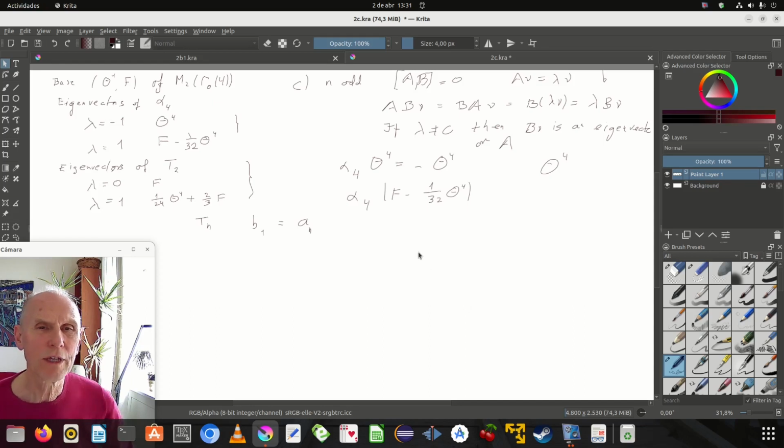We could use the end of the section where they show that they will have eigenvectors, and then make a linear combination of those, and then apply alpha 4 and T2. With T2, then F is mapped to naught, so only the component of theta becomes an eigenvector. Well, then we are home, basically.